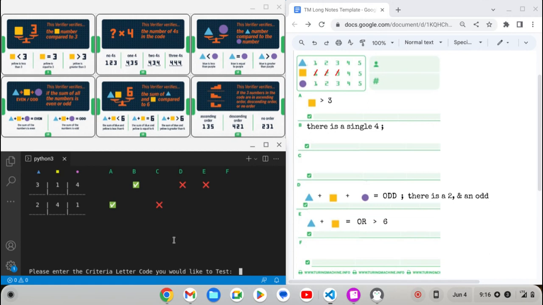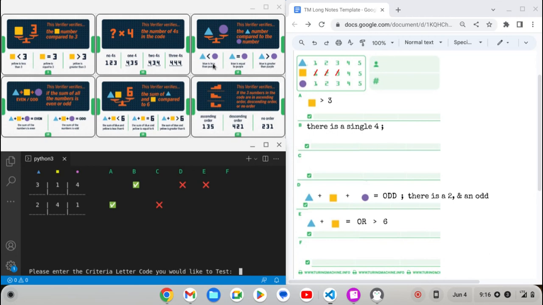Okay, so the Turing Machine does not approve of what I have chosen for my triangle and circle per criteria card C. So notice that in my proposal, I've got triangle greater than circle. Okay, so I don't believe it could be equal, since again we only have a single 4 and a single 2 and an odd, so it won't be equal.